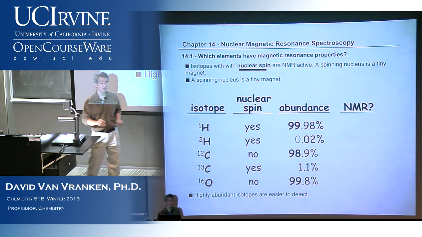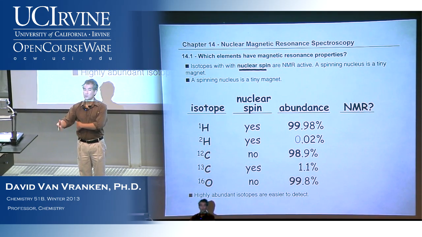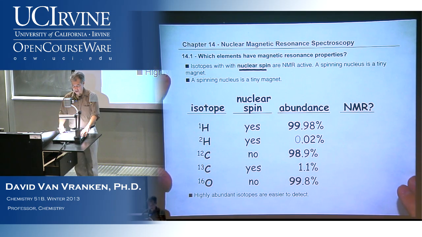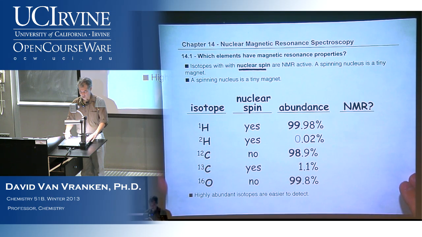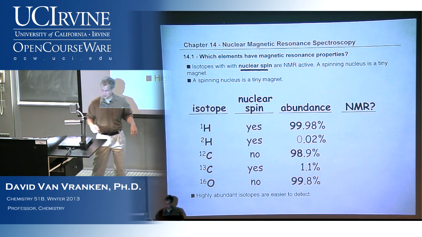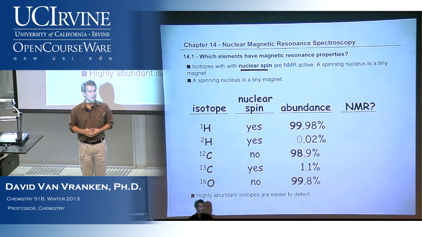And if you've got spin, there is a quantum number associated with you that will be non-zero. So in order to see isotopes by NMR, you have to have a non-zero spin quantum number. And the origin of that spin is because a spinning nucleus is like a tiny magnet, and so it has magnetic properties.